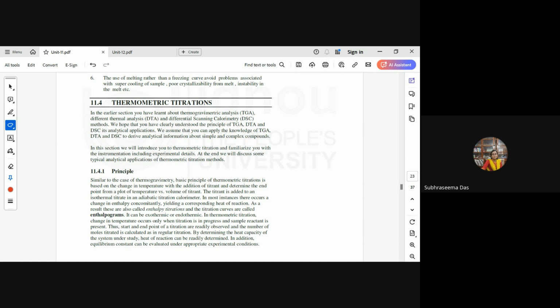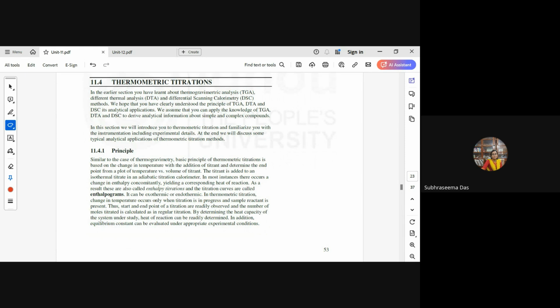So now coming to thermometric titrations. Now we all know the difference between TGA, that is thermogravimetric analysis, DTA, that is differential thermal analysis, and DSC, that is differential scanning calorimetry.